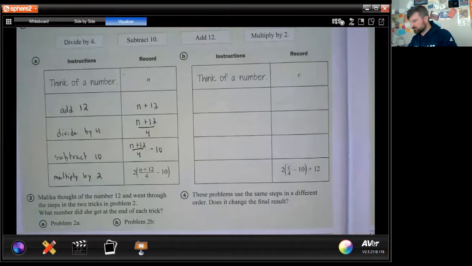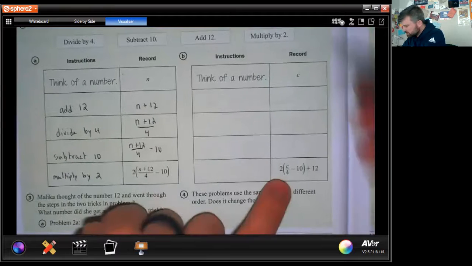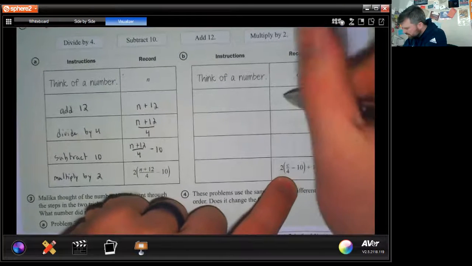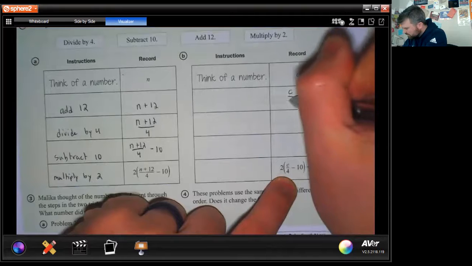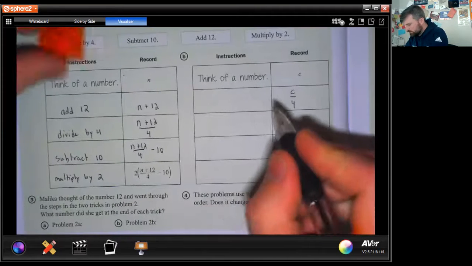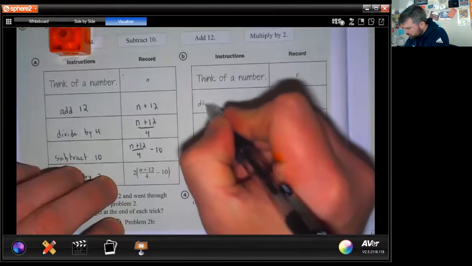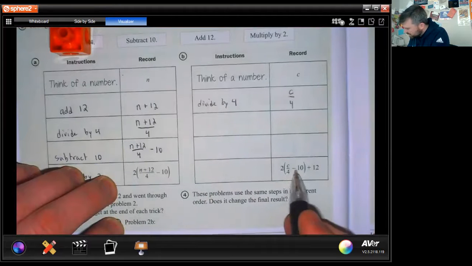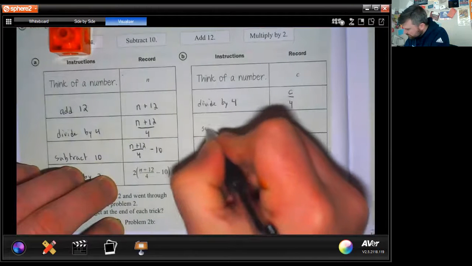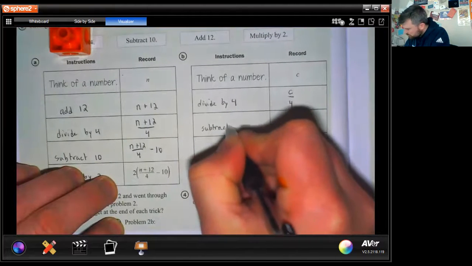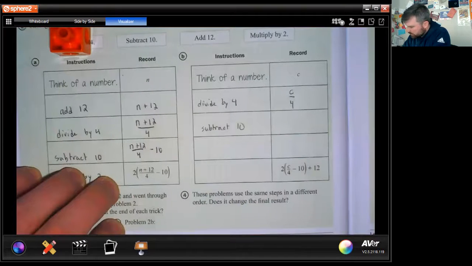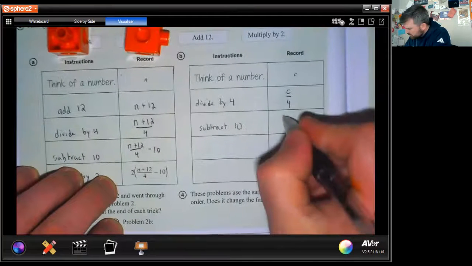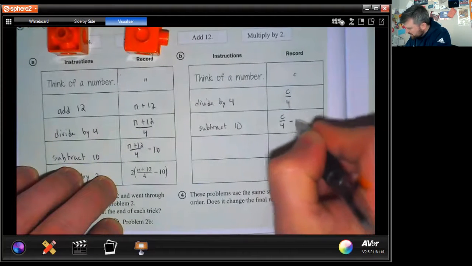We'll do this next one the same way. So we started with C. The first thing we did is divide by 4. And then they subtracted 10. So it's C over 4 minus 10.